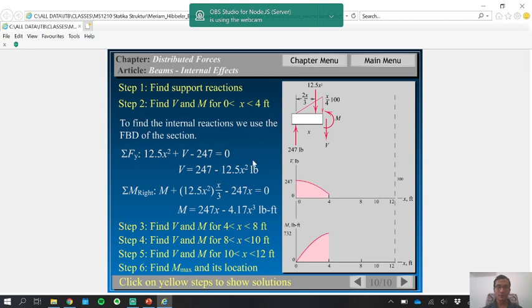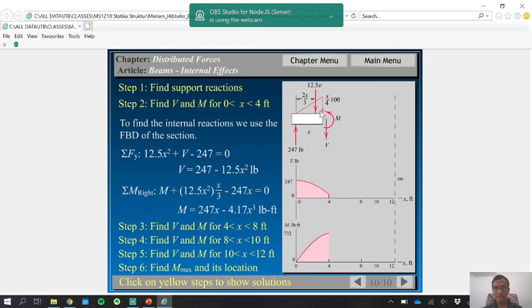So our V equation is this. Then the moment at the right edge, counterclockwise positive: M plus 12.5x squared multiplied by the distance here.